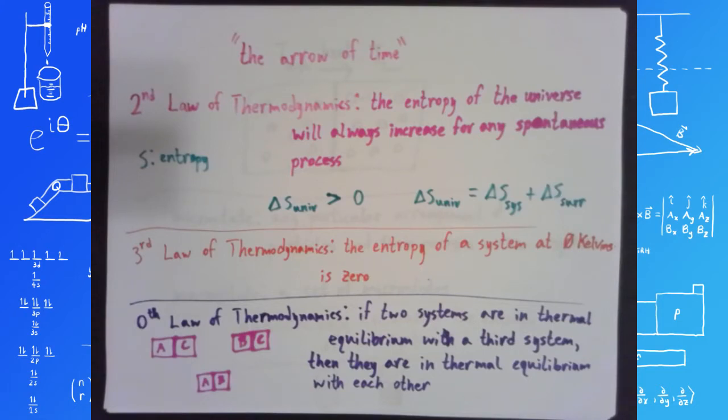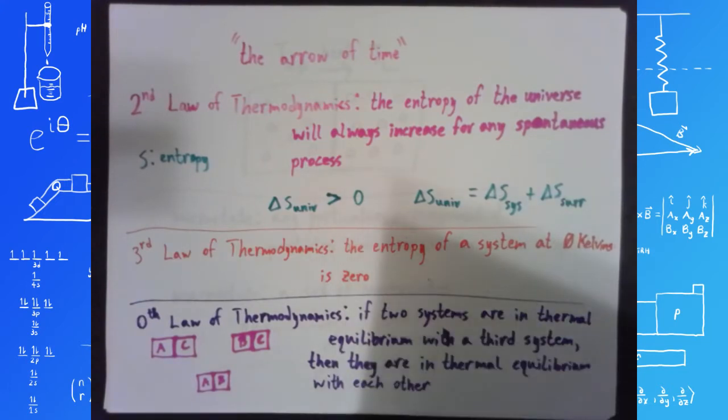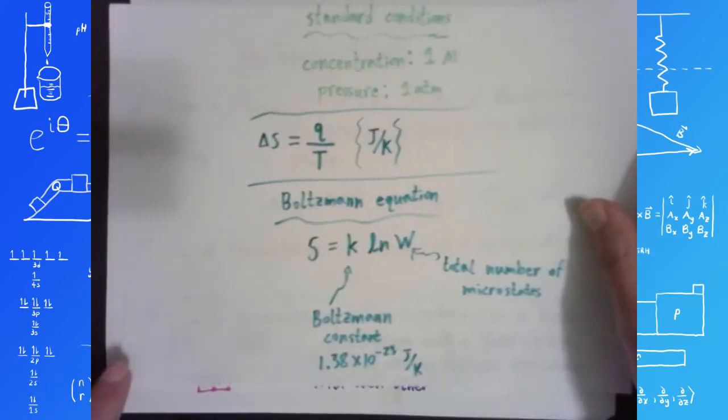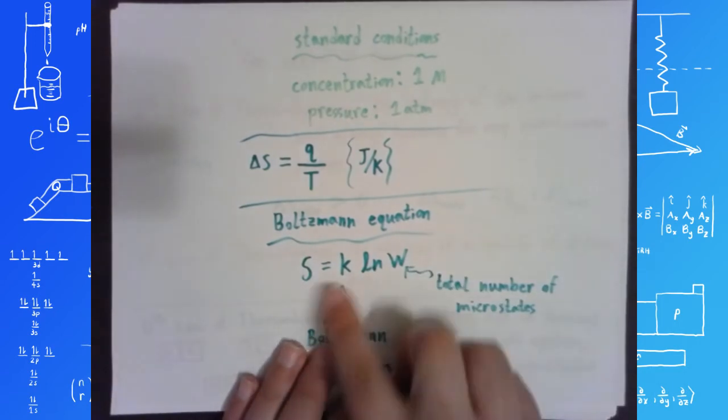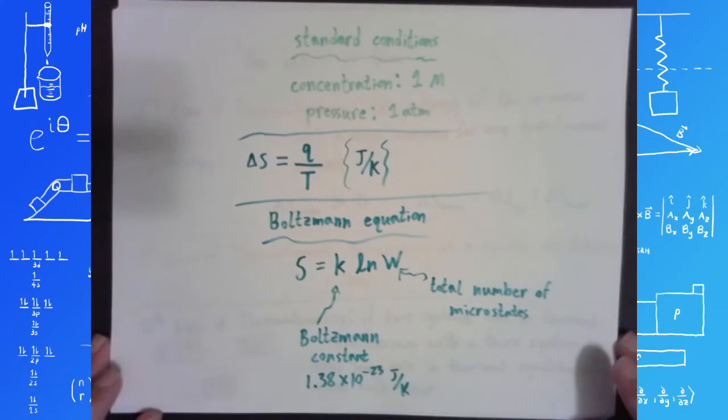There's only one microstate available. You're frozen and locked into one single microstate that can never change until you raise the temperature. So if there's only one microstate, what's the natural log of 1? It's 0. So k times 0 gives you an entropy of 0.